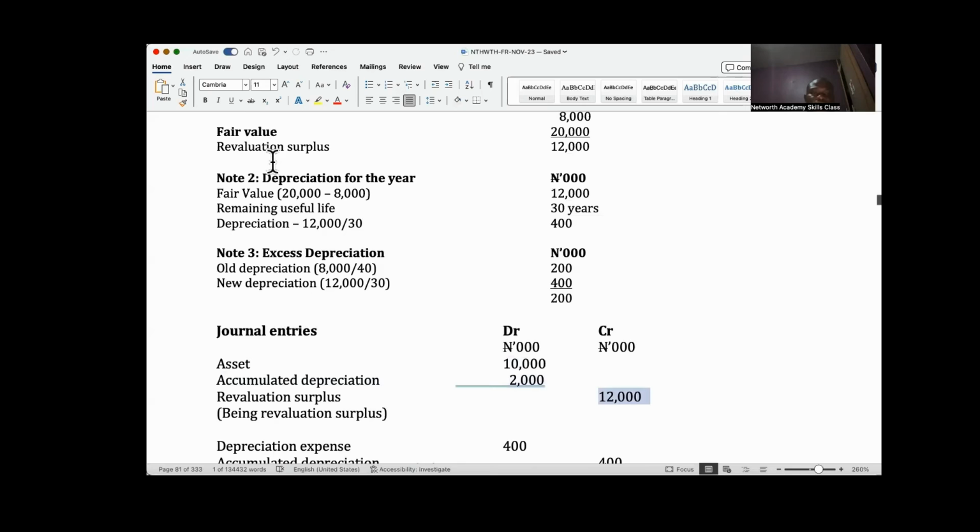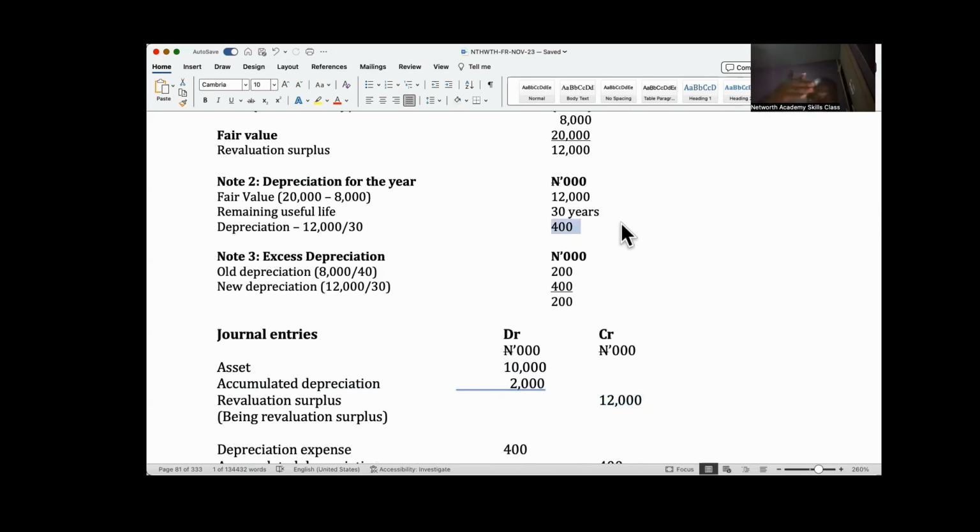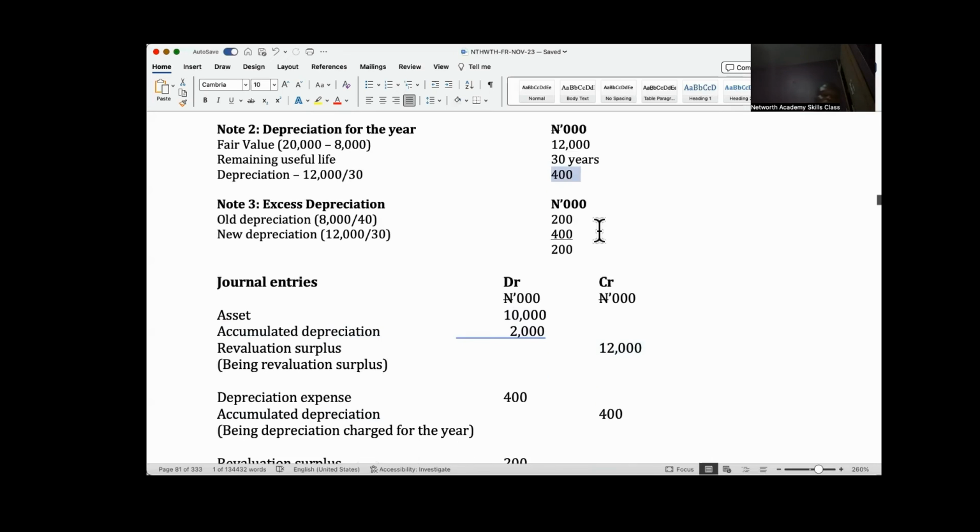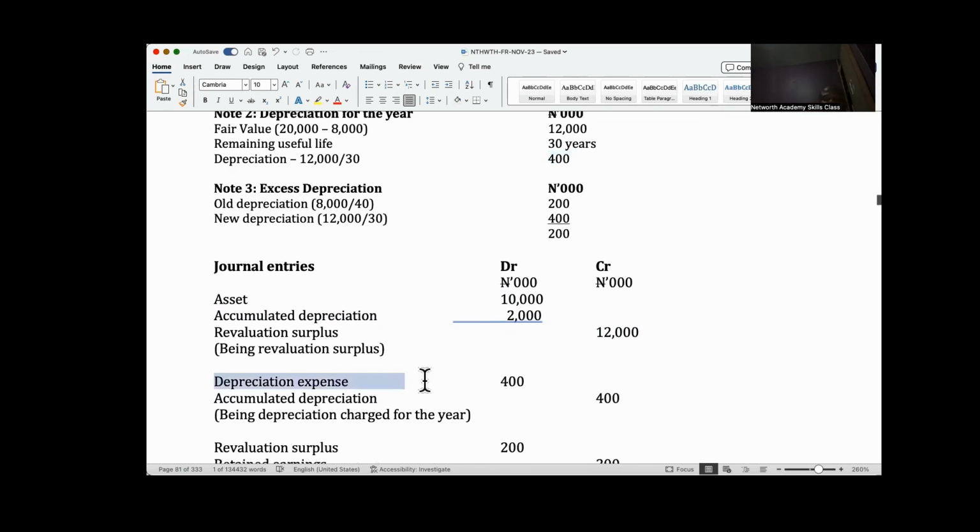Secondly, is this depreciation of 400,000 for that current year. For depreciation, you simply debit your depreciation to P&L of 400,000, and you credit your accumulated depreciation with the same amount. My narration is depreciation charge for the year. And finally, is this excess depreciation.